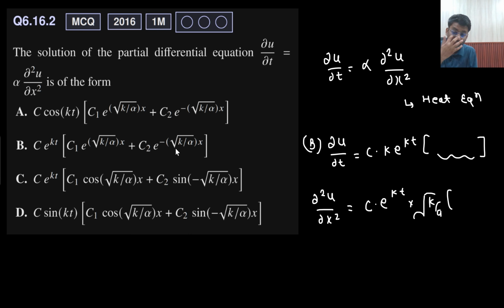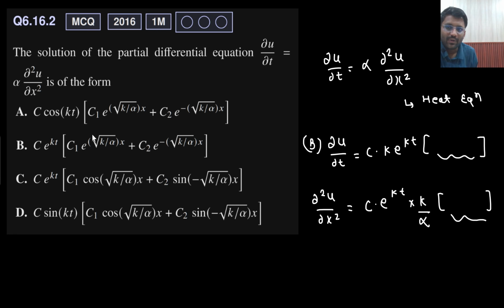And inside, the negative sign would be present here in place of the positive sign, right? Then again under root k will come out. So you can think simply that it is k by alpha, not k. So k by alpha will come out, and whatever is inside the bracket will remain as it is. Is that understandable to you?